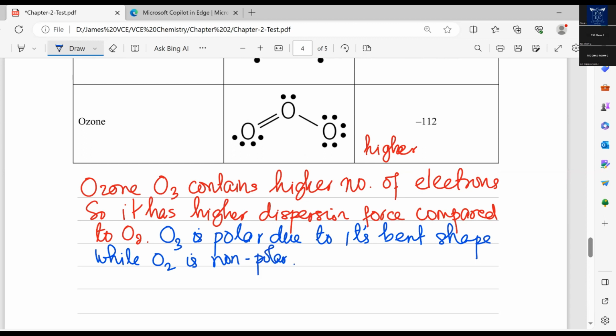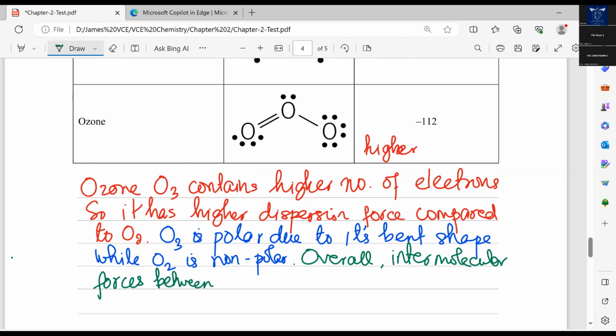So overall, what can you say? They give you 3 marks, so that is 1 mark each. So the next one is, overall, the intermolecular force between O3 is higher.